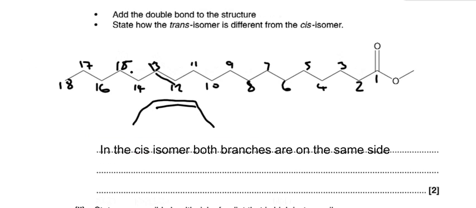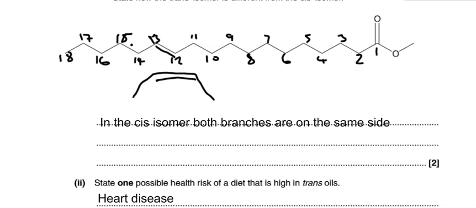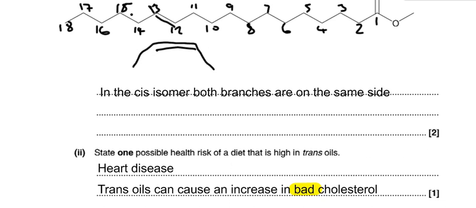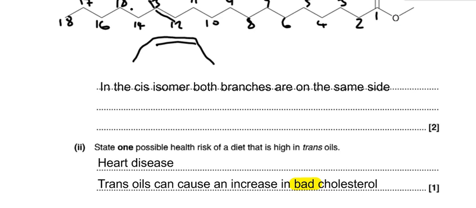In the final part of this section, it states the health risk of a diet which is high in trans oils or trans fats. The answer here could just simply be heart disease, but from what we've seen in the mark scheme for the more recent June 13, it's also important to mention that trans oils can cause an increase in bad cholesterol.